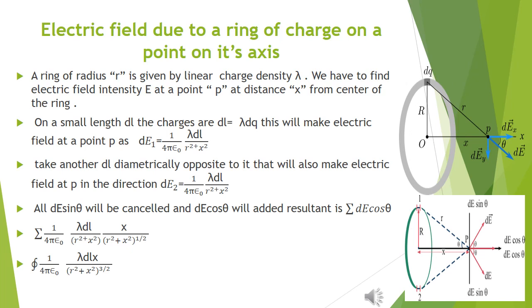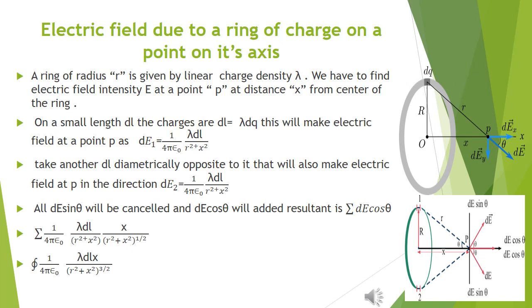After all, two things are given to us. This ring has a radius r, and the charge density given to it is lambda. So we have to find out the electric field intensity value E at a point P, which is at a distance x from the center of the ring.